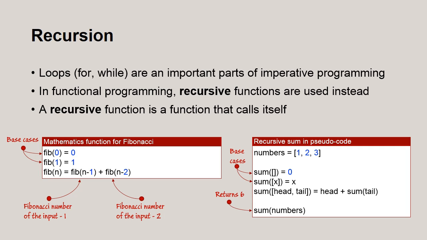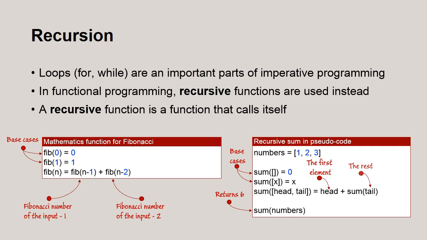What about this head and tail thing, though? What is that? The head is the first element in the array, and the tail is everything that isn't the head. By looking at an array like this, recursion becomes easy.